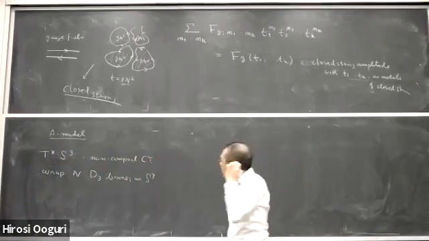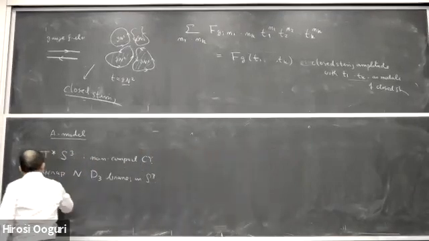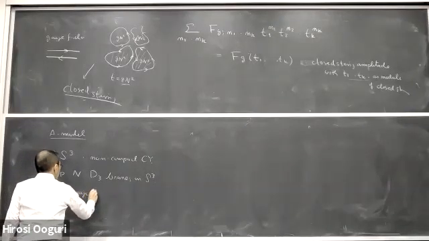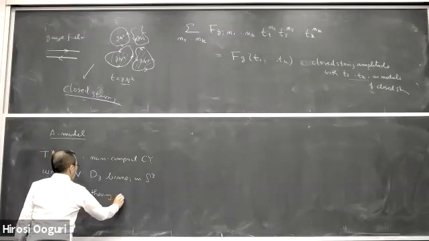Then what you get is a U(N) gauge theory on S3.